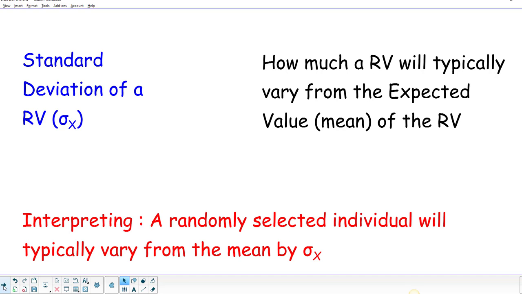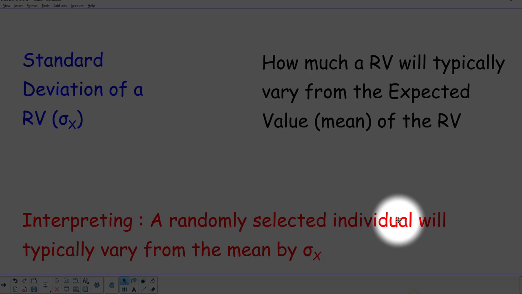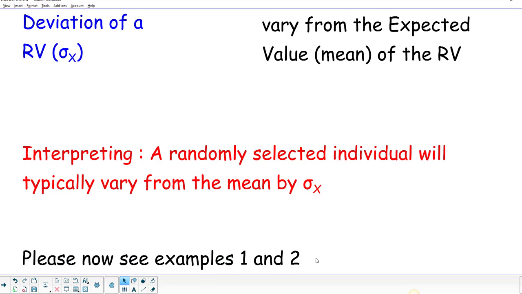Standard deviation of a random variable is just how much a random variable will typically vary from the expected value, or the mean, of that random variable. Interpreting it is really simple too. It's the same sentence starter with one slight change: a randomly selected individual will typically vary from the mean by sigma sub x. We change out the word individual with the context of the problem, and sigma sub x with the actual value. That's pretty much it.